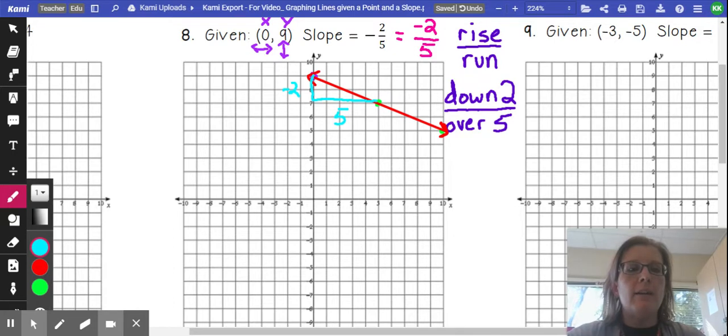So when graphing a line, given the point and the slope, first plot your point, then decide how far up or down and how far over your slope is telling you to go, and then draw your new dots using that information.